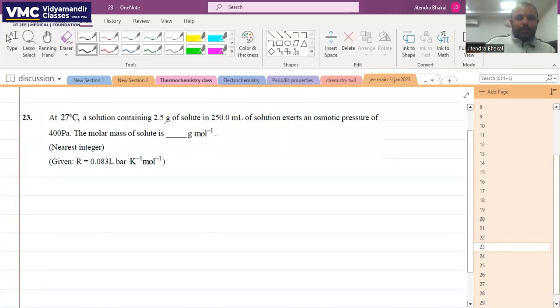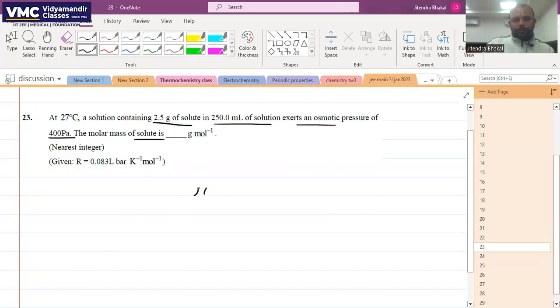So solution containing 2.5 gram of solute in 250 ml of solution. So mass of solute is given, volume of solution is given, and osmotic pressure is also given. The molar mass of solute we need to calculate.